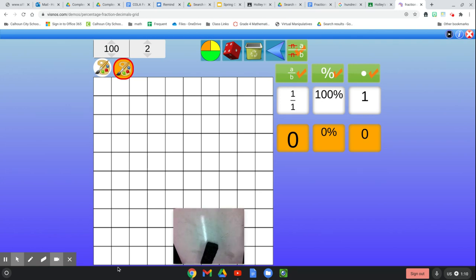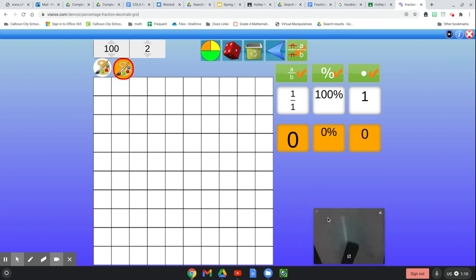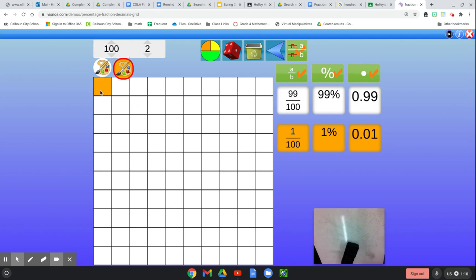I'm going to move my little camera so we can look at it. Okay, so these are broken apart into groups of 10. 10 groups of 10 give me 100, right? So if this 1 gives me 100, then I can hold it down. This gives me 1/10.